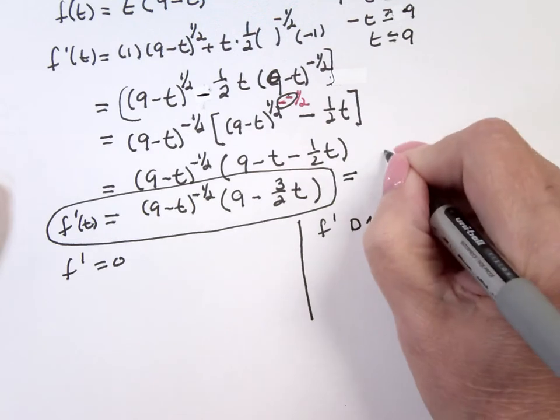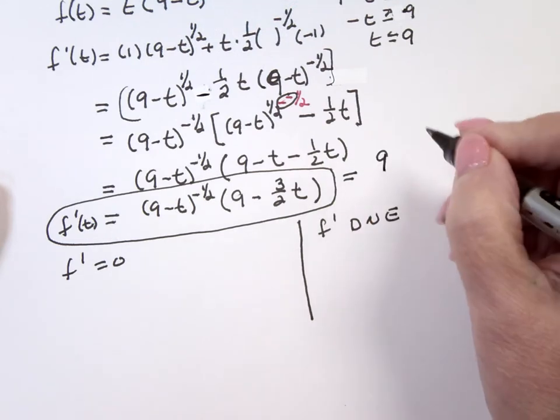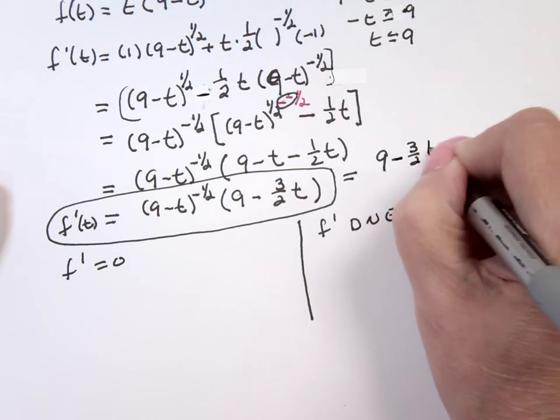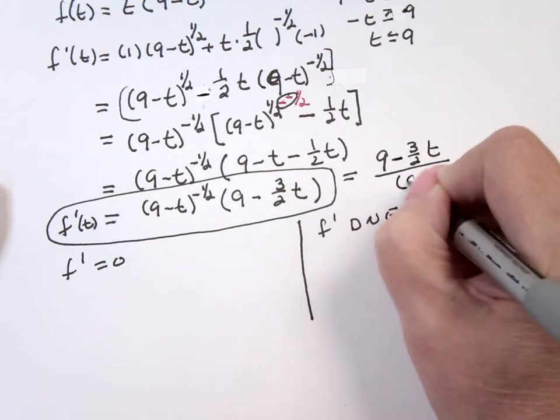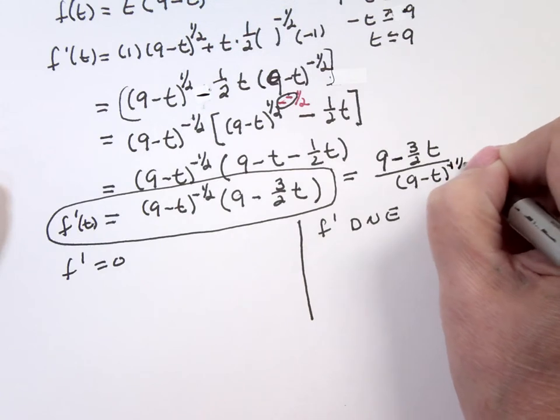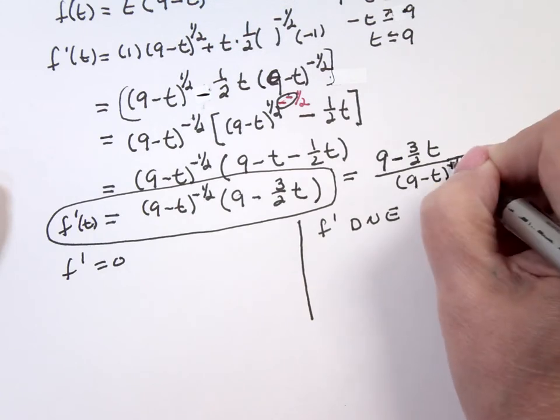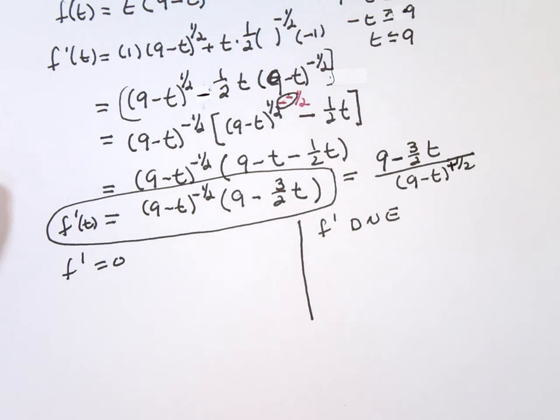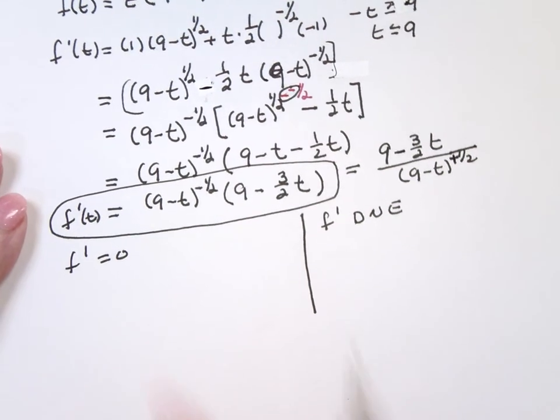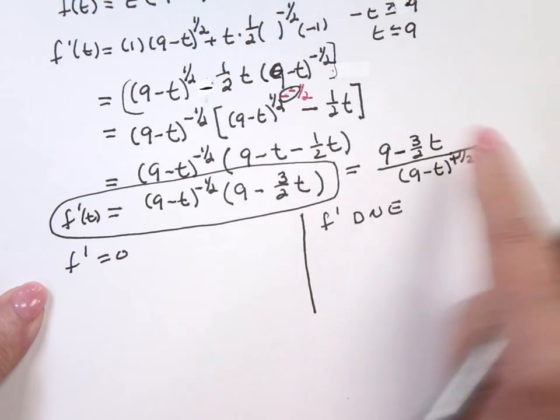I need to move the (9 minus t) to the negative 1/2 to the denominator, and that becomes a positive 1/2. So where f prime equals 0 is where the numerator is 0.